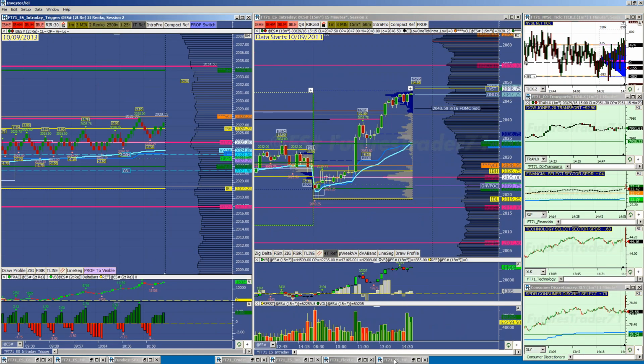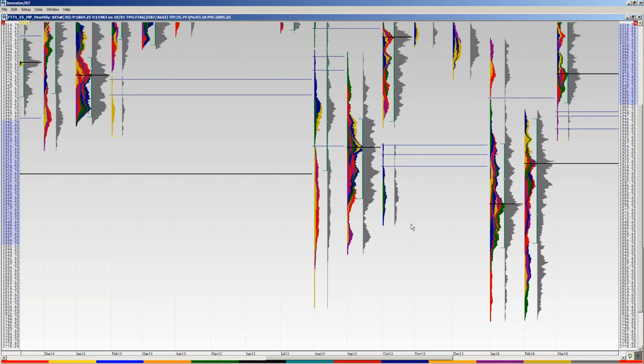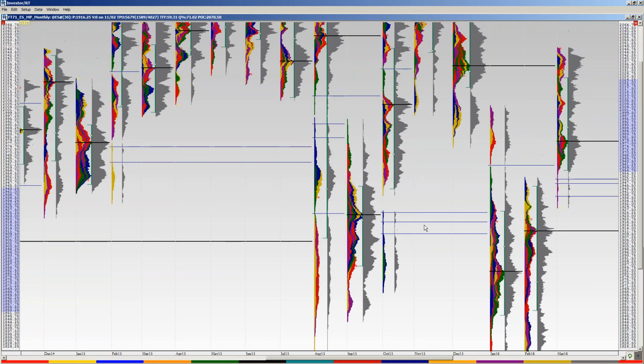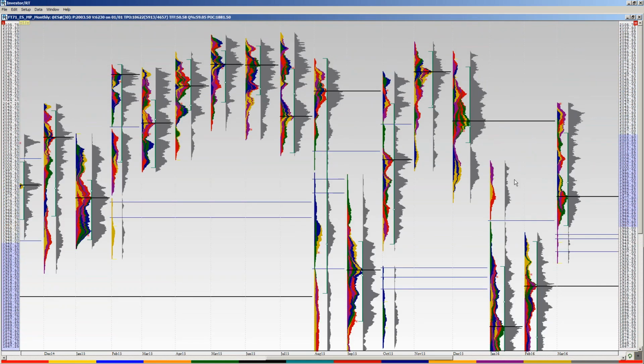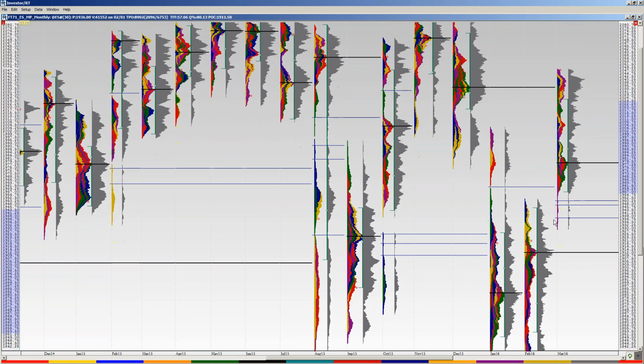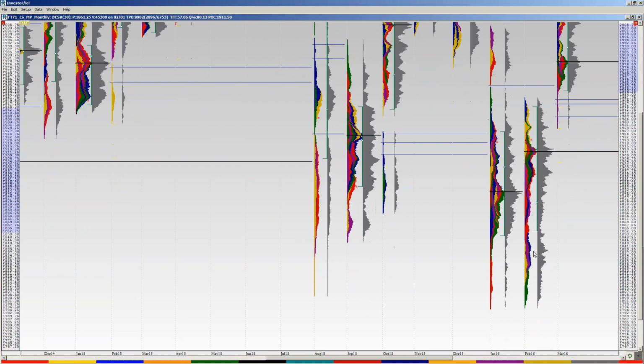The next step is to look at the bigger picture profile. What are we doing profile-wise? This is a monthly profile, one profile for every month. And I'm looking for what kind of behavior we are getting on the profile. Here we have February that traded inside of January. January was this long, elongated profile. February was stuck inside of it.